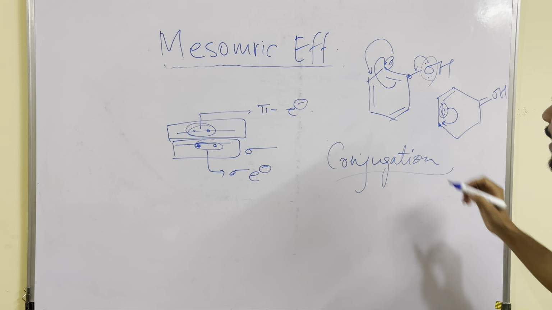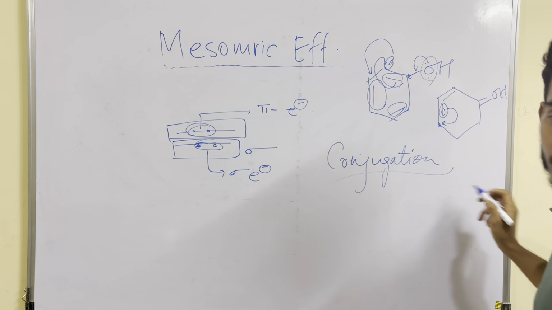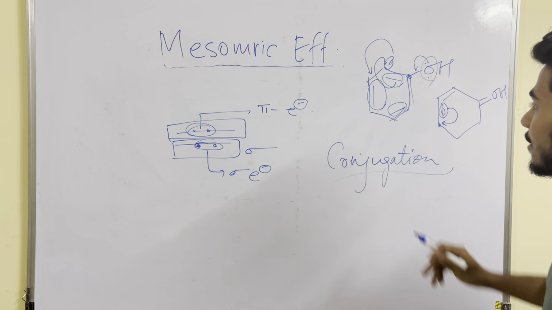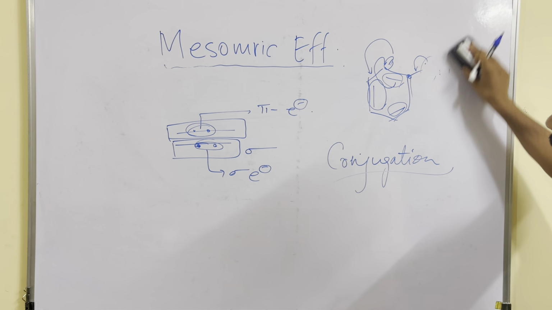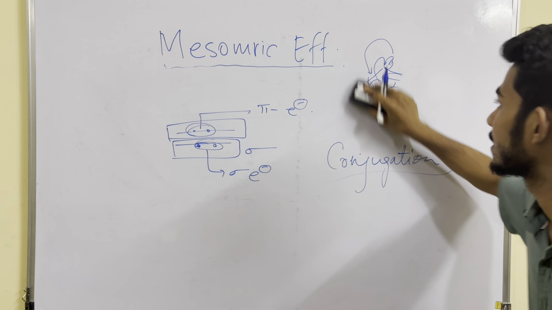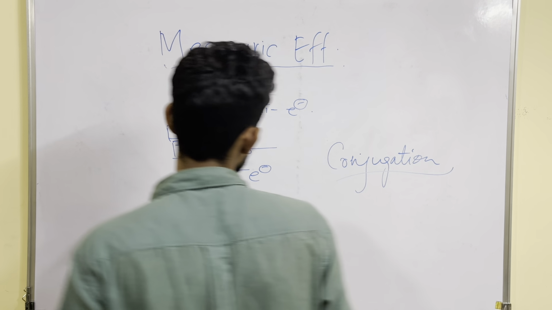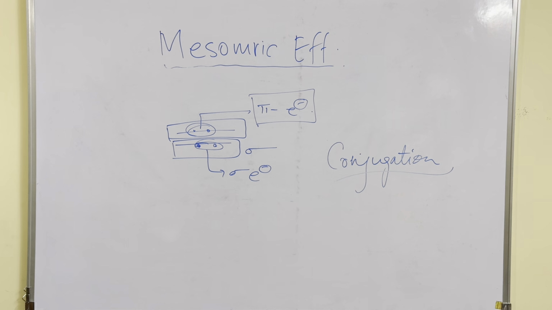Like this, ultimately shifting of pi electrons will take place, but sigma bond electrons will be as they are. So delocalization of pi electrons will take place, not the sigma electrons. This pi electron delocalization ultimately leads to an increase in stability.